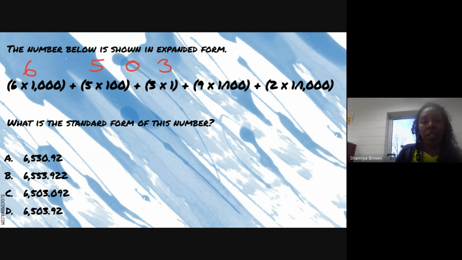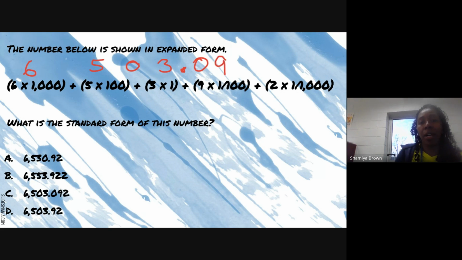And then this, as you see, it skips from ones to 1/100. So they skip 1/10. So I'm going to have a decimal now. And then I'll have to have a 0 to represent that tenths place that they skipped. And then for my hundredths place, I'm going to have a 9.